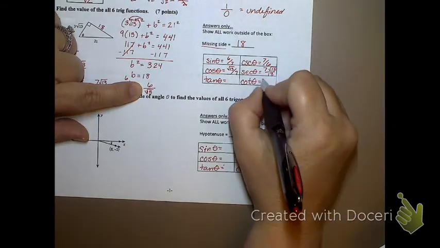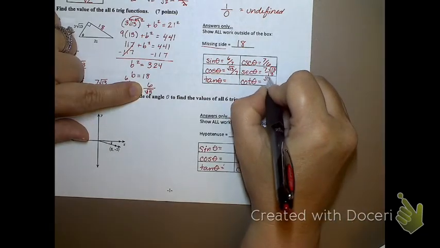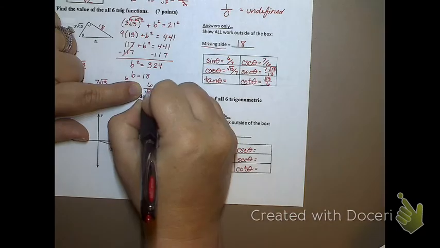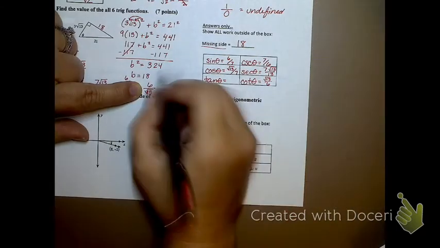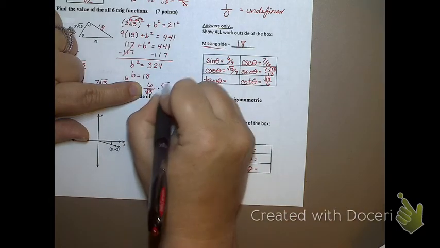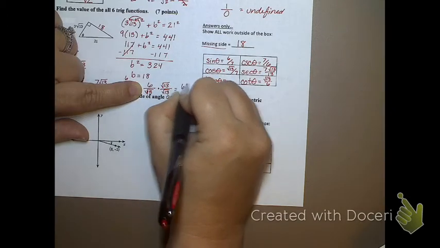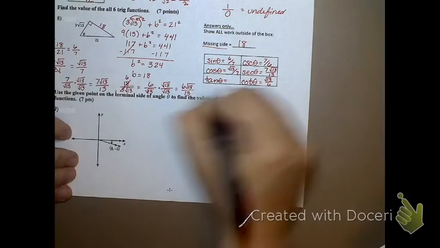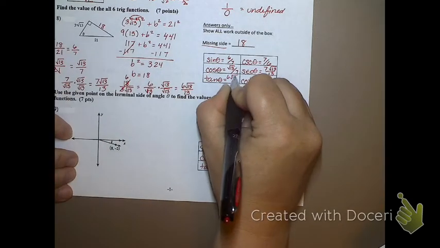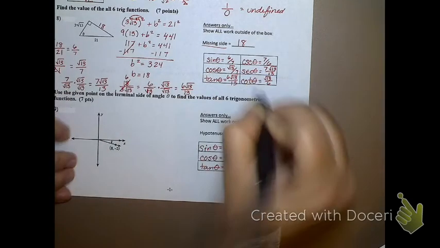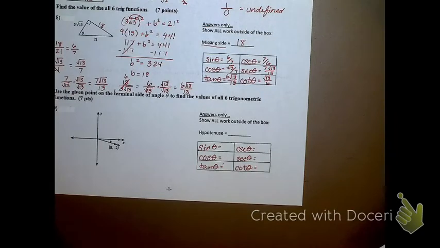What's my cotangent? Rad 13 over 6. It's just the reciprocal of this, right? Now let's simplify our tangent. Multiply by rad 13 over rad 13. That gives me 6 rad 13 over 13, and that's my tangent. Questions there? Yes or no?